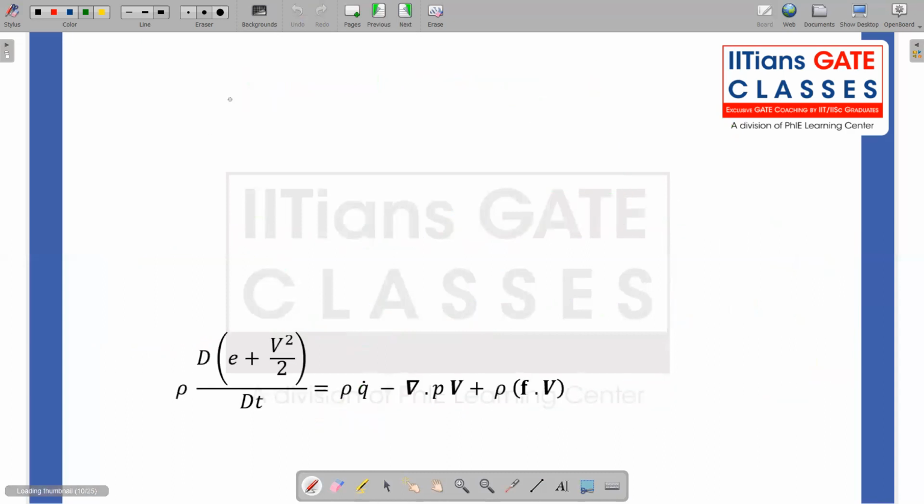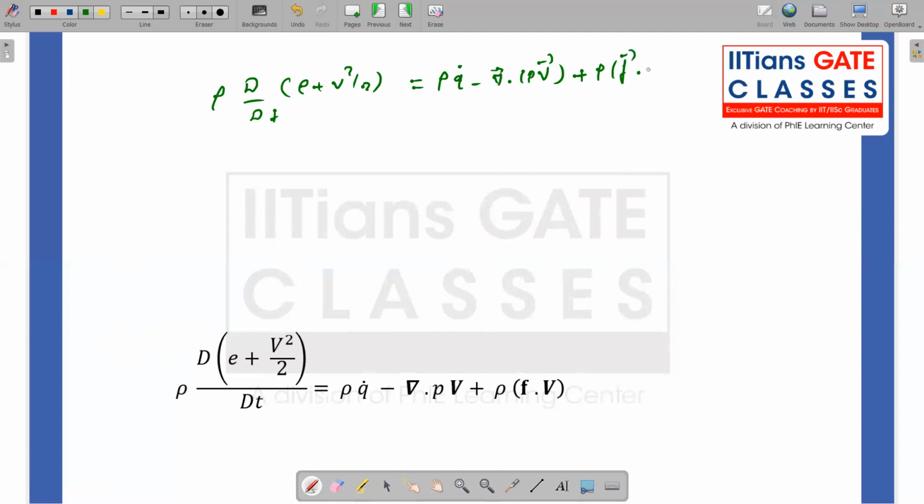So that brings me to the form rho times d/dt of (E + V²/2) equal to rho q dot minus divergence of pressure times velocity plus rho F dot V. This is the form we will get as the differential form of the energy equation.